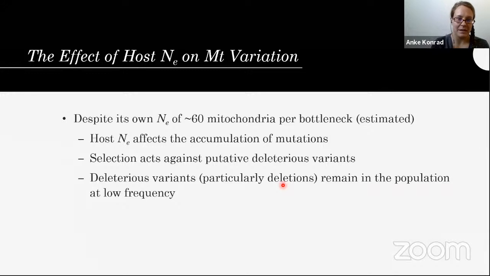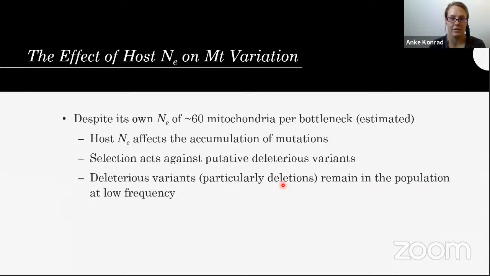So despite the fact that the mitochondria have bottlenecks and hence population sizes of approximately 60 mitochondria per generation, we estimated this. I didn't actually show the calculation, but it is part of the paper. The host effective population size still affects the mutation in mitochondria and the accumulation of the mutations in larger population sizes. Selection acts mainly against the deleterious variants.